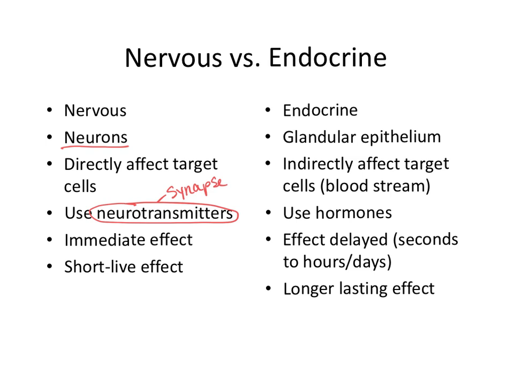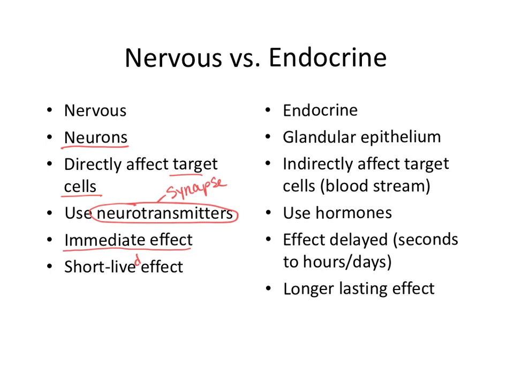So it's a direct effect on target cells that are in the synapse. It is an immediate effect. It takes place very, very quickly, and it is a short-lived effect, meaning that as soon as that neurotransmitter is out of the synapse, no more nervous system signal.